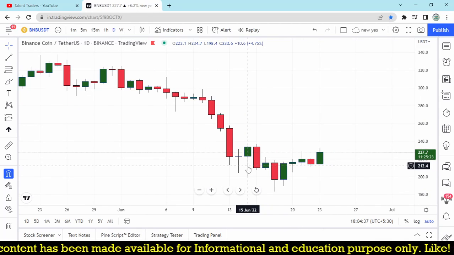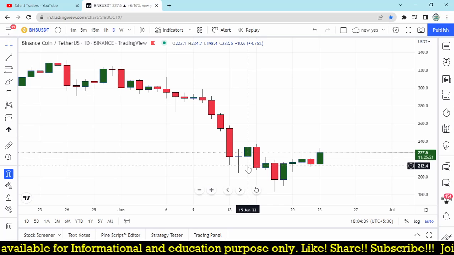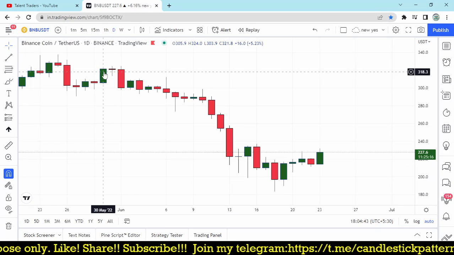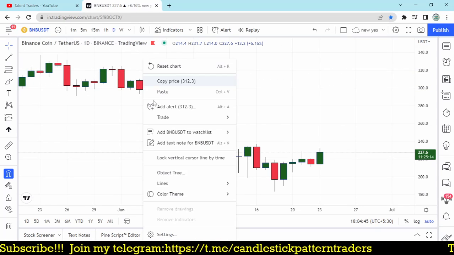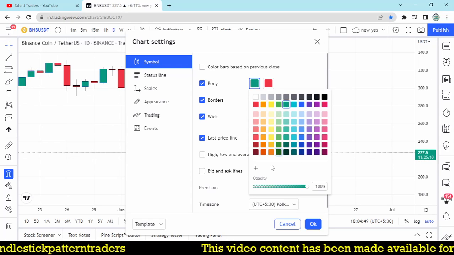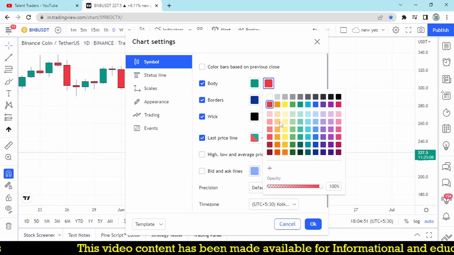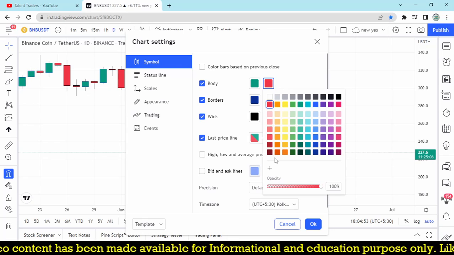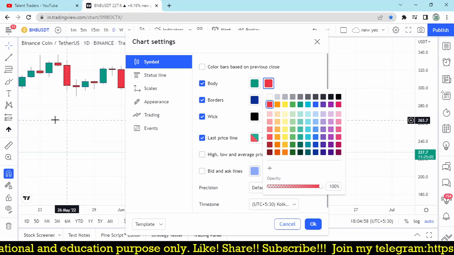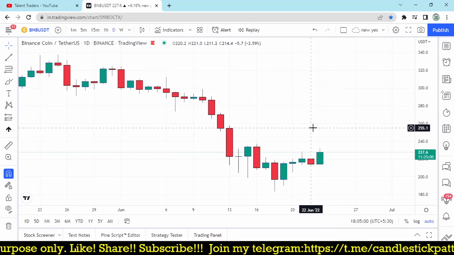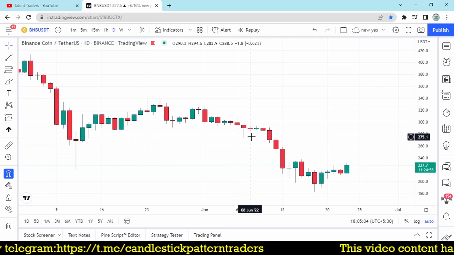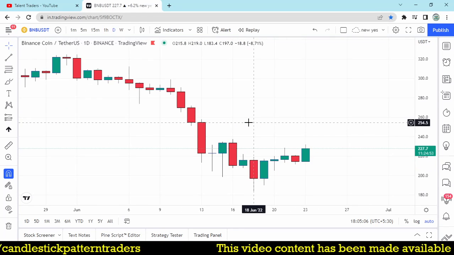I'm not using the dark red and green along with the black. A normal chart would be like this: green, this green, and red would be the dark red. Maybe that is the kind of look you are asking about, but I found it too bright, so I changed it to blue and black.